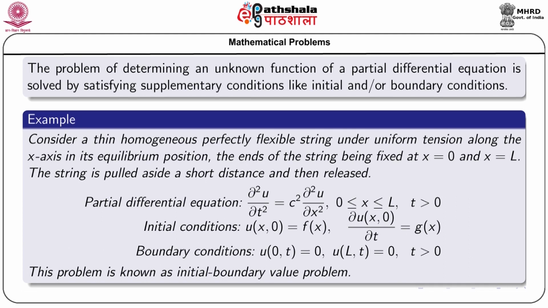And we also have the boundary conditions u(0,t) equals 0 and u(L,t) equals 0, since the two ends of the string are fixed. So, the initial conditions and the boundary conditions are the supplementary conditions. So, we have to solve the partial differential equation together with these two conditions.